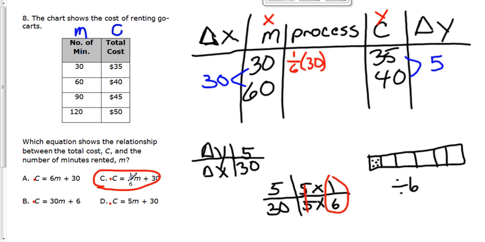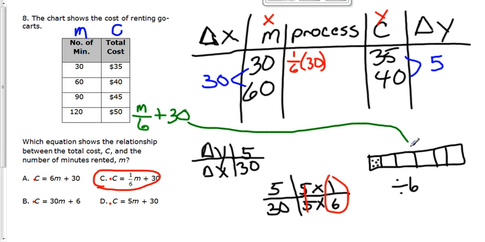So another way to look at this rule, besides 1/6 m plus 30, is to say m divided by 6 plus 30. And the reason I can say it this way is because it's the same thing as dividing it into 6 equal pieces. So what's 30 divided by 6? 30 divided by 6 is 5. So 5 plus another 30 makes 35.